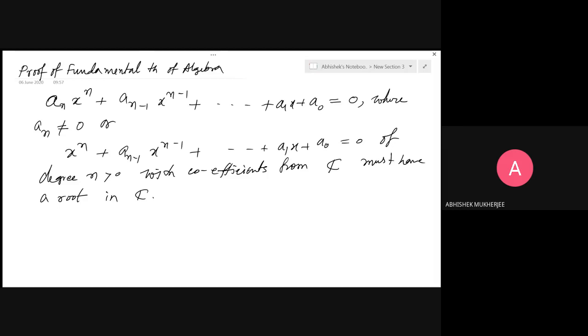And other attempts were made by Euler in 1749, Lagrange in 1772, Laplace in 1795. But these attempts also assumed the existence of roots. That is, they were assuming the existence of a splitting field of the polynomial. And so for this reason, their proofs were incomplete in view of this.